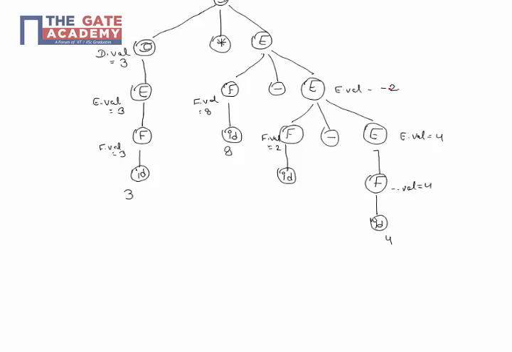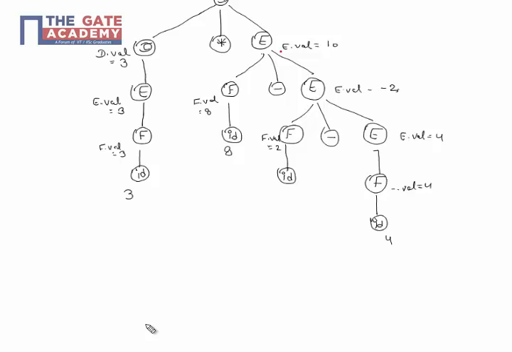Now again this particular E.val is equal to F.val, that is 8, minus 2, that is 8 minus of minus 2, that is 10. So this E.val I am having 10.